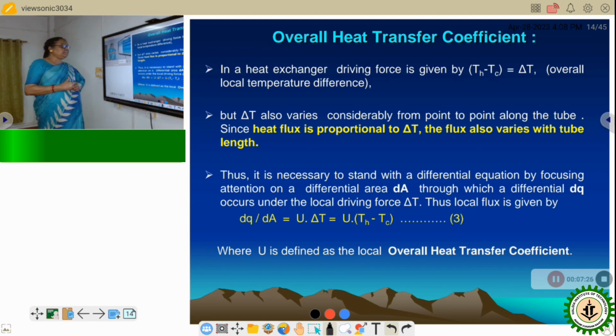Thus, it is necessary to start with the differential equation by focusing attention on a differential area dA, through which a differential dQ occurs under the local driving force delta T. Thus, the local flux is given by dQ by dA, that is equal to capital U into delta T, and delta T is equal to TH minus TC, that is the difference between the hot fluid temperature and the cold fluid temperature. And capital U is defined as the local overall heat transfer coefficient.